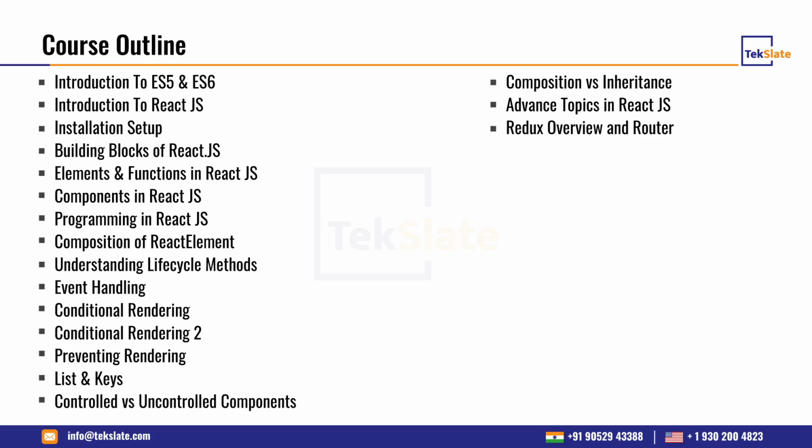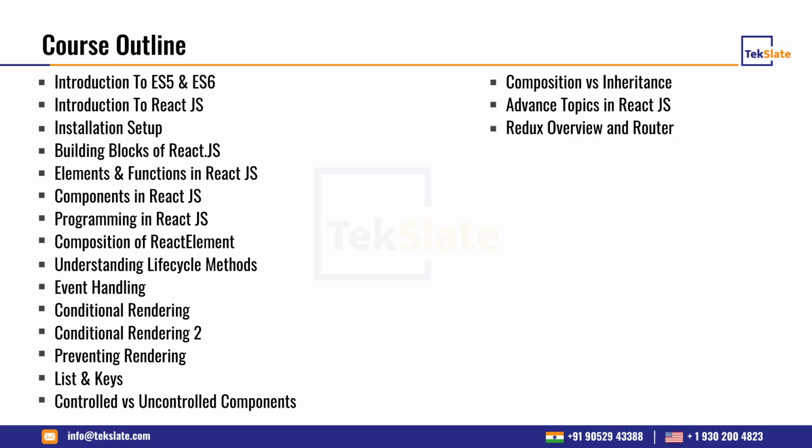Basically with components, there are two types of components. One is a class component and one is a functional component. So both we'll be discussing. You'll understand when we go into the curriculum. So you're going to learn how to build a component in two ways, one using a class and one using a function, and all the other concepts related to that, like conditional rendering, Redux, how to create state, how to handle your events, how to handle your forms.